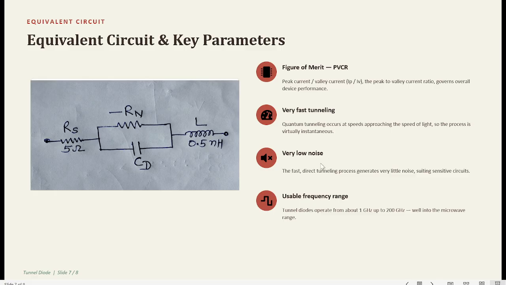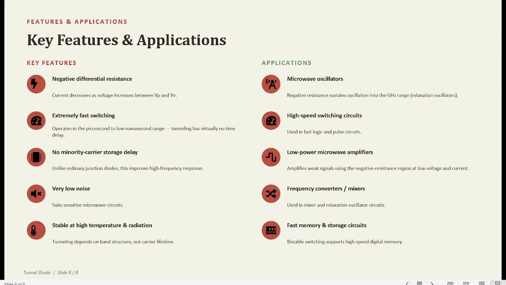And the ultra fast quantum mechanical tunneling, again occurring at the speed of light, means the noise level in this device will also be very low. The frequency range in which the tunnel diode oscillator can be used lies in the range 1 gigahertz to 200 gigahertz, and this can extend well into the microwave range.